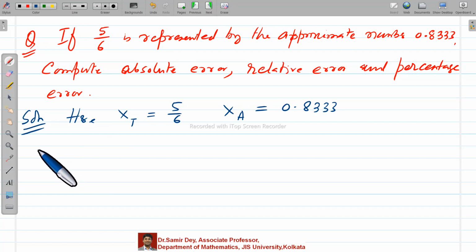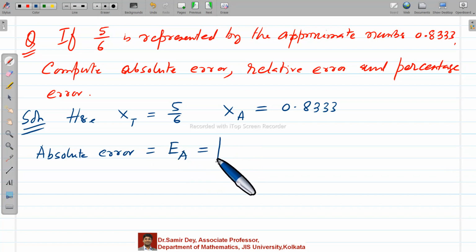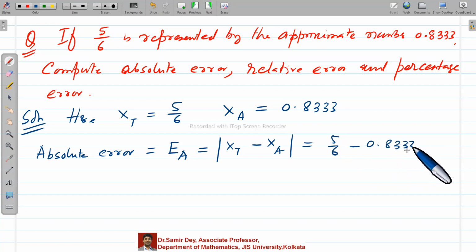Now absolute error, EA, is the magnitude of xt minus xa. That is 5 by 6 minus 0.8333.